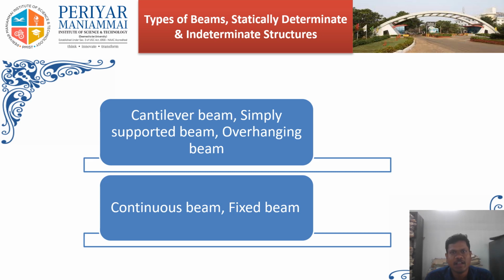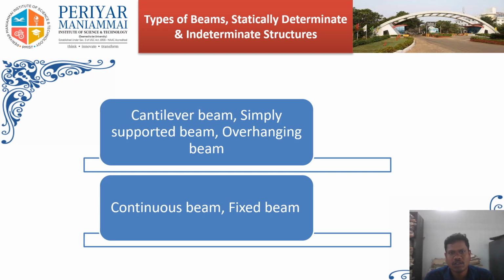Statically determinate structures can be solved using the equilibrium equations alone. Whereas statically indeterminate structures cannot be solved using equilibrium equations alone. These structures need some other compatibility equations to solve.